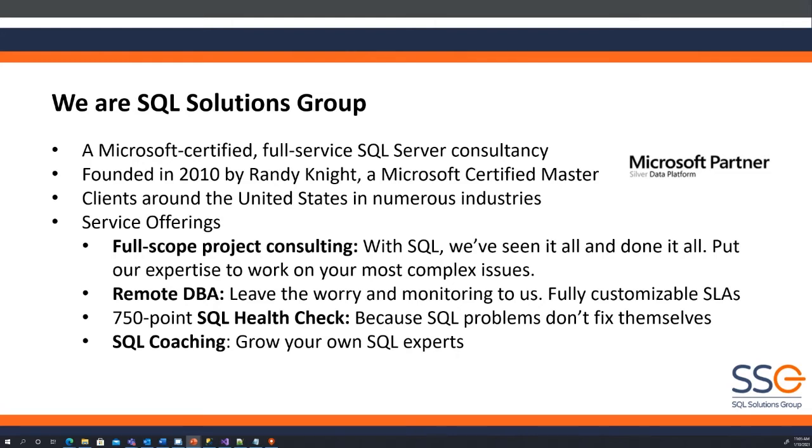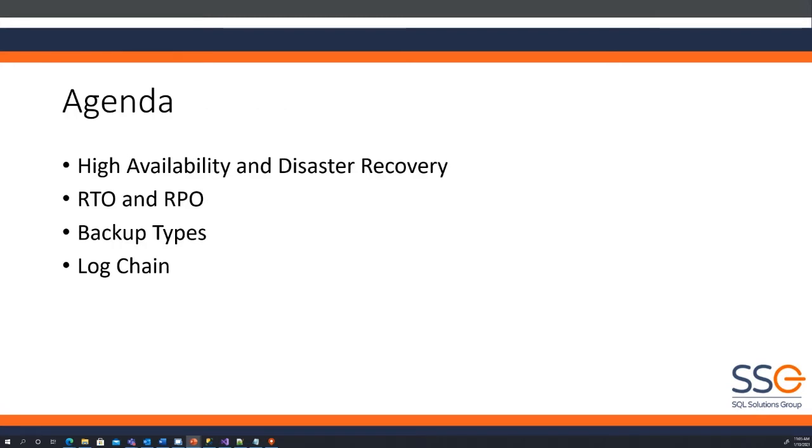Okay, with that, let's talk about what we're going to actually cover today. Here's the agenda. Some of this you might already know, but we're going to talk about it because we see some confusion around these things from a backup perspective. What's high availability and disaster recovery?